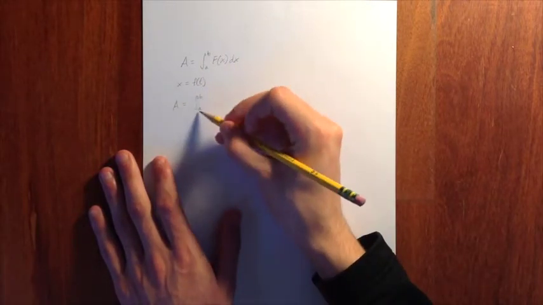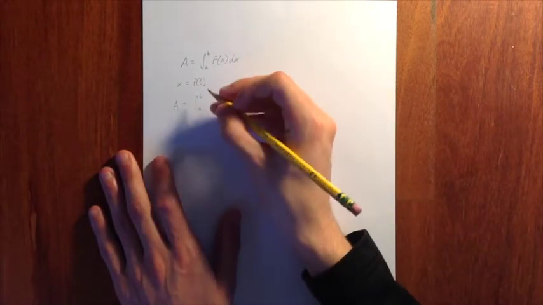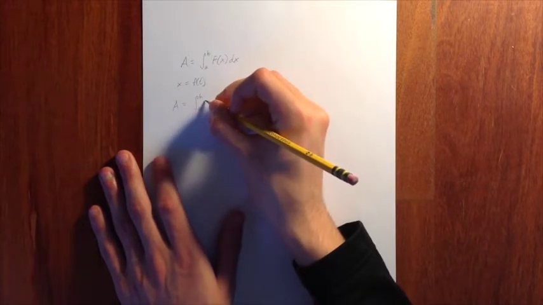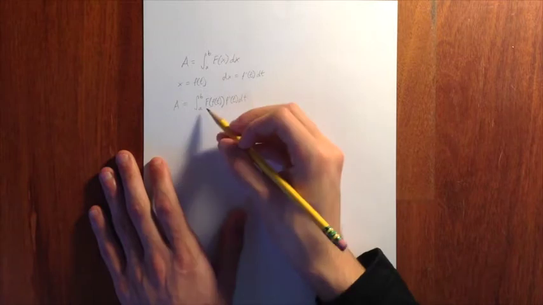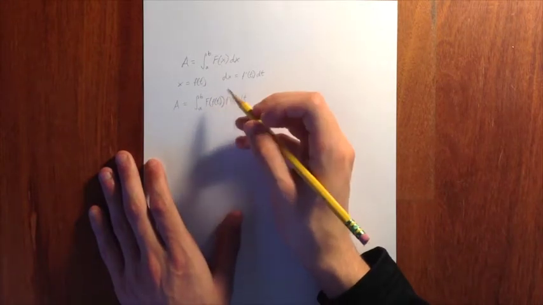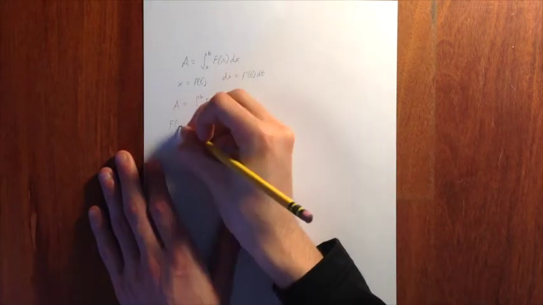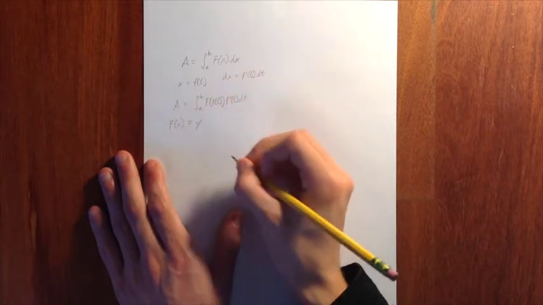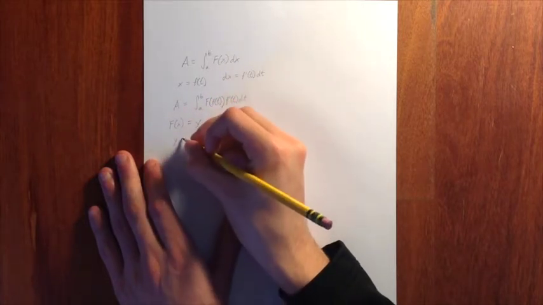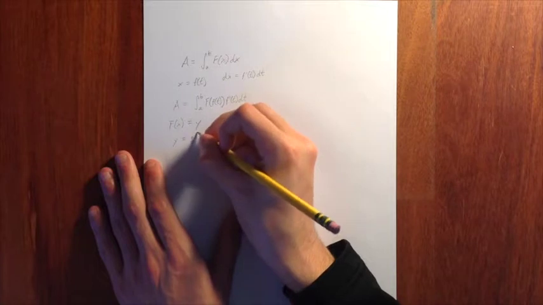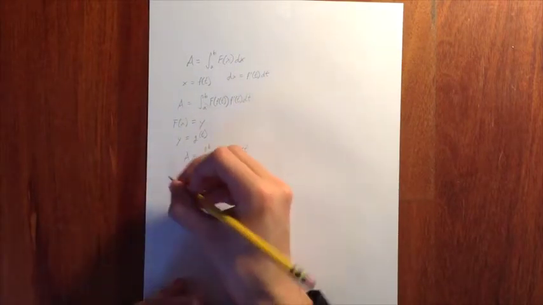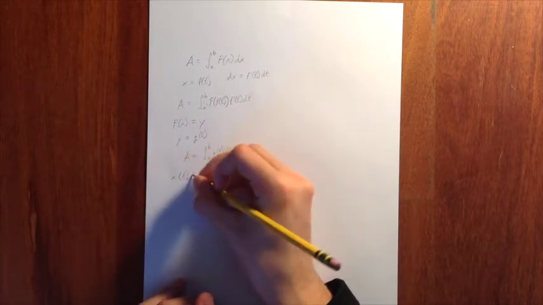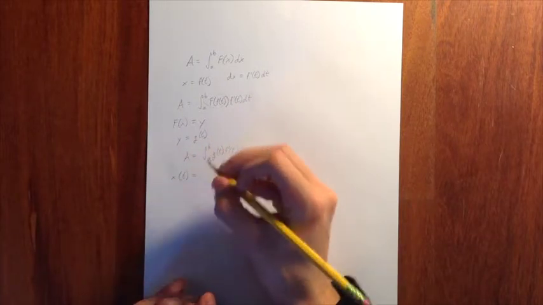Again, these are in terms of t now, so don't get those mixed up with x coordinates. And you essentially have f of t. Now we don't know what the original f function is, but we do know f of x is equal to y, and that we have a function y that will be represented by some new function g of t with a parameter.